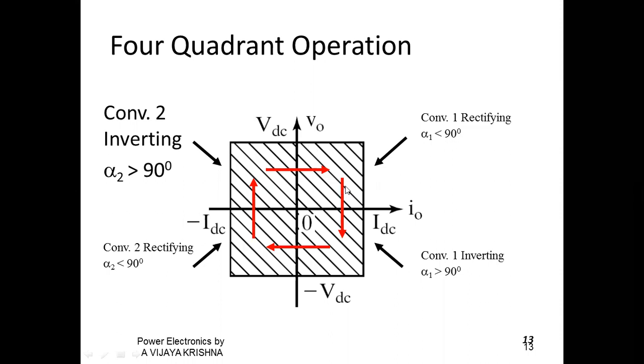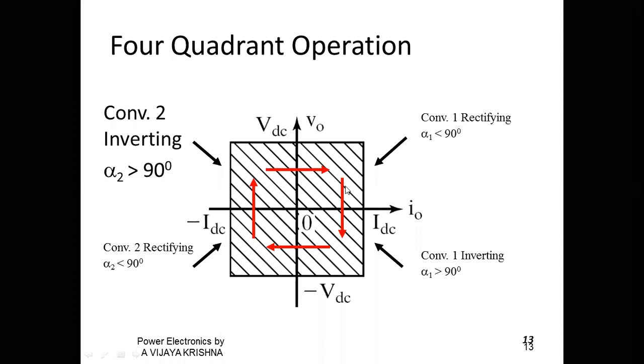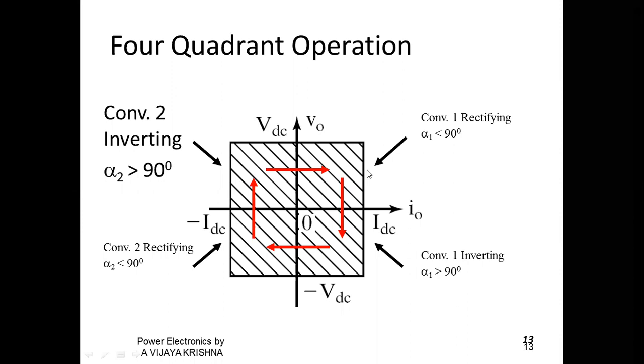Okay, next one, full converters. Before that, we were discussing the semi converters. Now, full converters. Full converters means the direction of current cannot reverse because of the unidirectional properties of the converter, which operates as a rectifier in the first quadrant. From alpha equal to 0 to 90 degrees, you come across an inverter in this region.